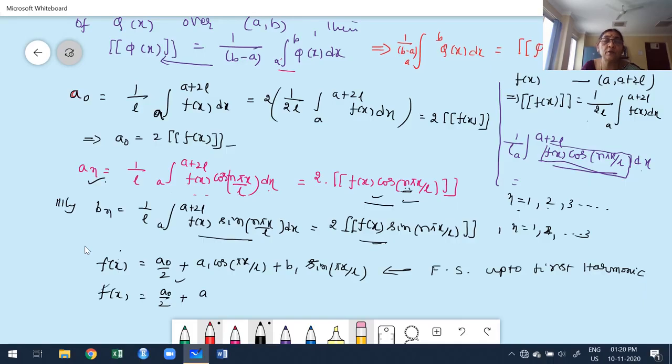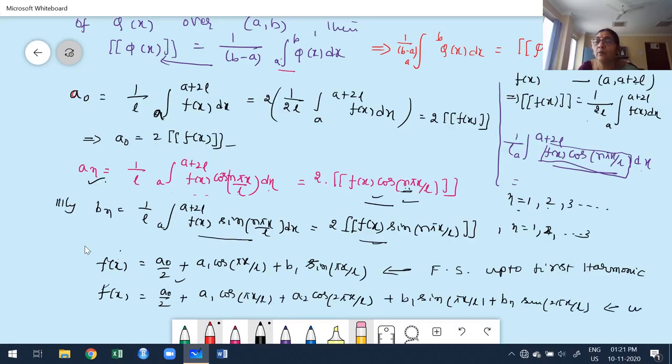Then, a naught by 2 plus the first two terms of the cosine series: a1 into cos of pi x by L, and for n equal to 2, a2 into cos of 2 pi x by L. And also the first two terms of the sine series: b1 into sine of pi x by L and b2 into sine of 2 pi x by L. This is nothing but the Fourier series up to the second harmonic. In a similar way, we construct up to the first harmonic, second harmonic, third harmonic.